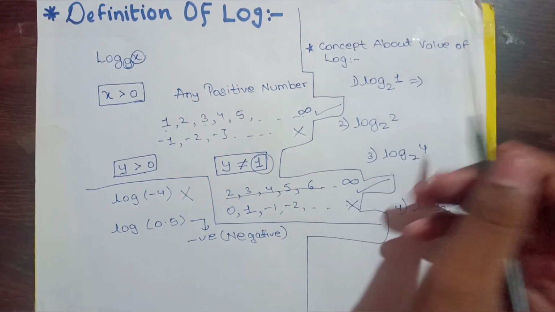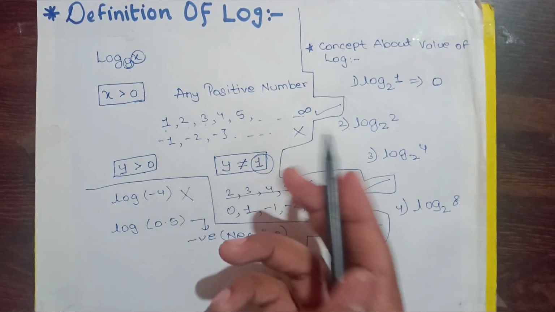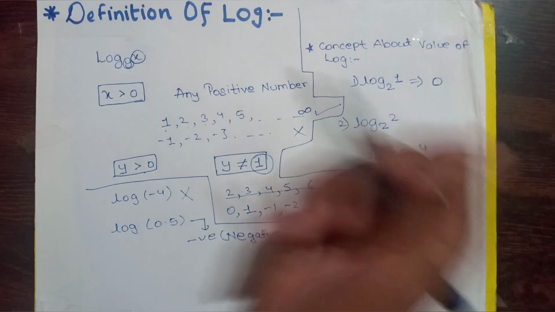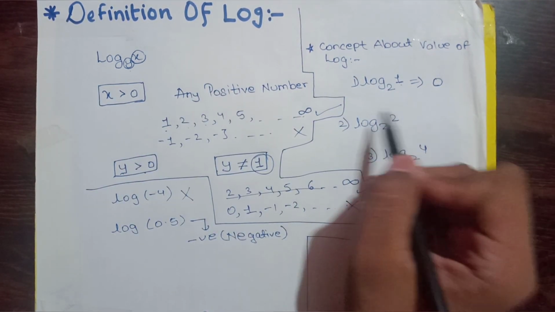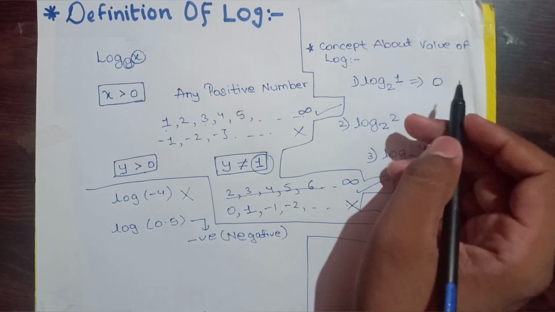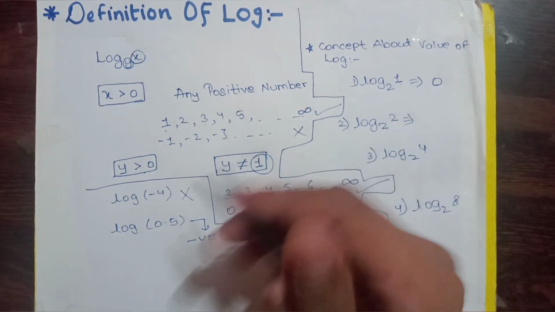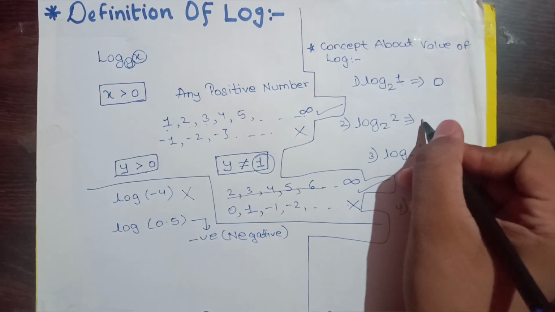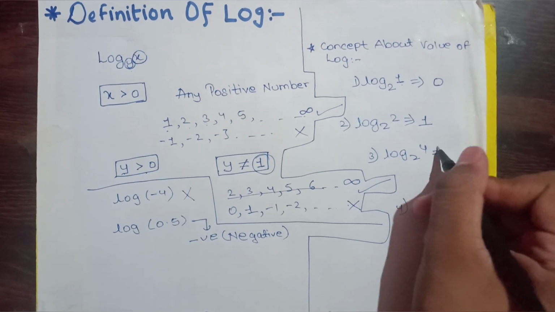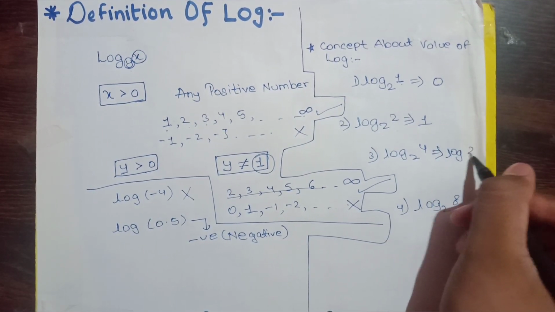The answer would be 0, as I told you in the concept beforehand, if 1 is there and the base is anything, it would be 0. I had also told you the property that log a to the base a is always 1. This one, we would first convert into prime numbers.